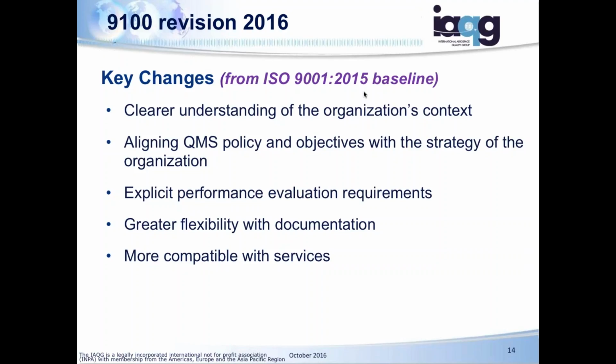Finally, more compatible with services. Many of you know that in the definition before, of course we talked about products before in the standard, it said products included services. But truly, if you were to read the standard and put the word services in there, there were some things that were just very hard to do.